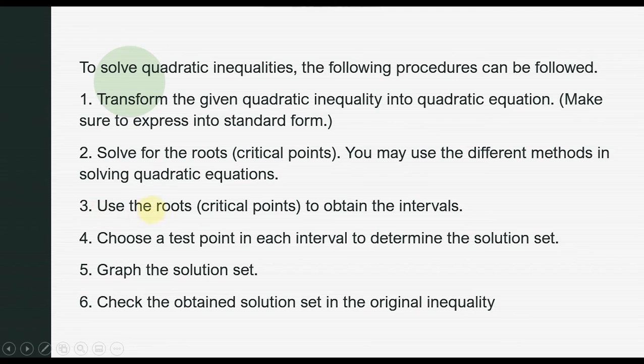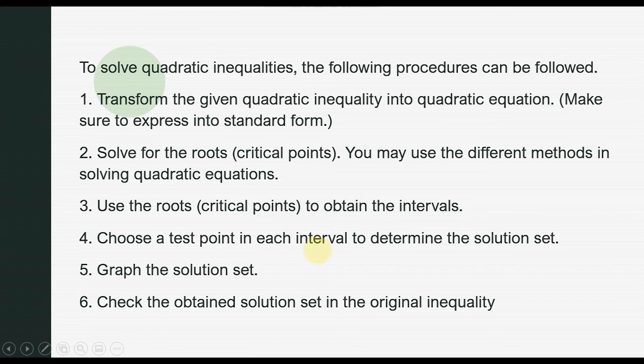Number 3, use the roots, critical points, to obtain the intervals. So next, we plot those critical points on our number line. So choose a test point in each interval to determine the solution set. So after plotting the critical points, we identify the intervals and then we test some points on our intervals.